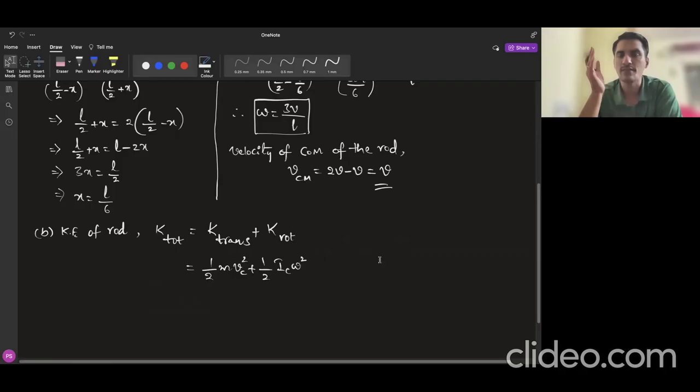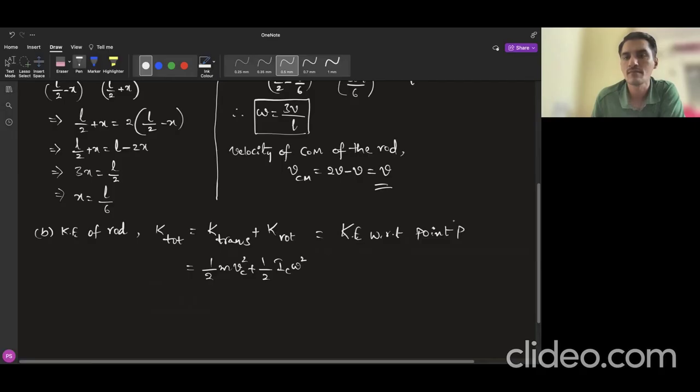Or else, if you want to calculate the entire thing with respect to point P only, you can calculate the entire kinetic energy, no problem at all. You may take it with respect to point P, or you may take it like this.